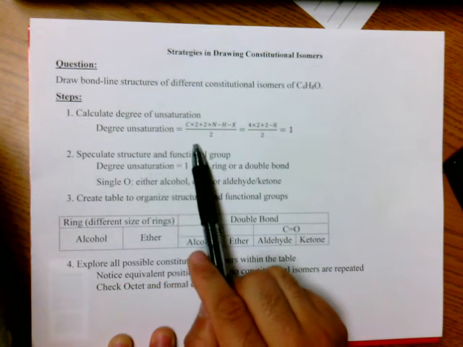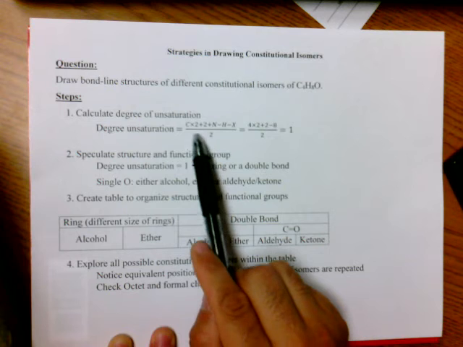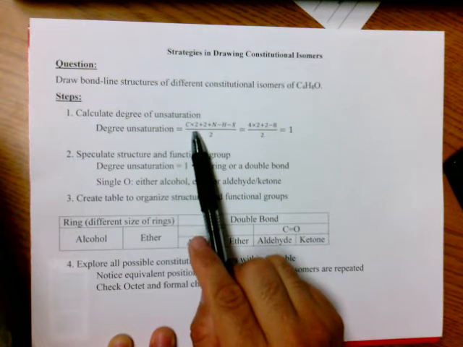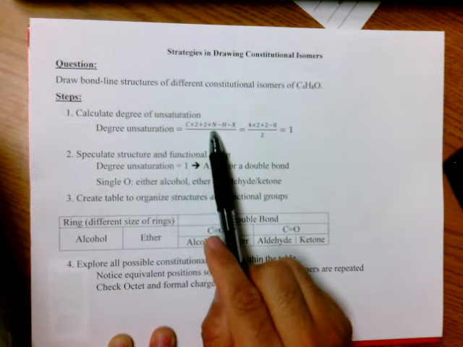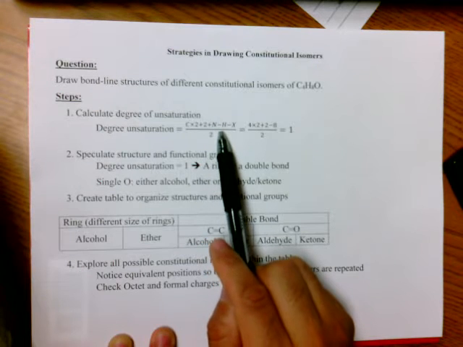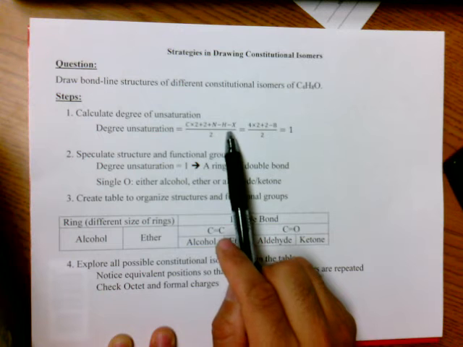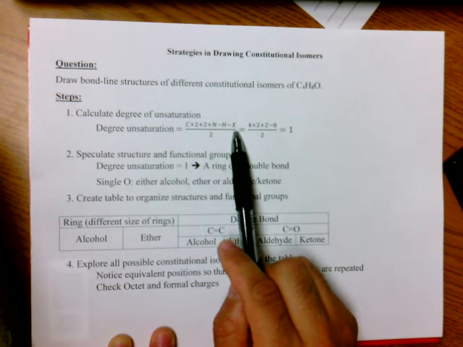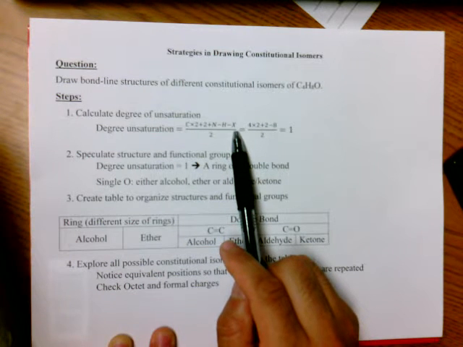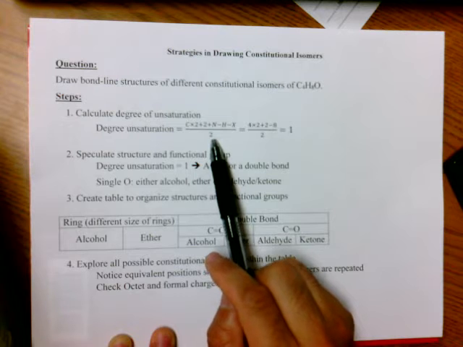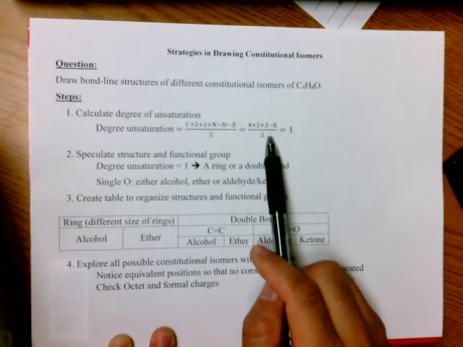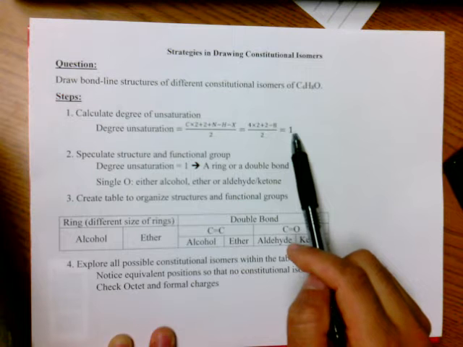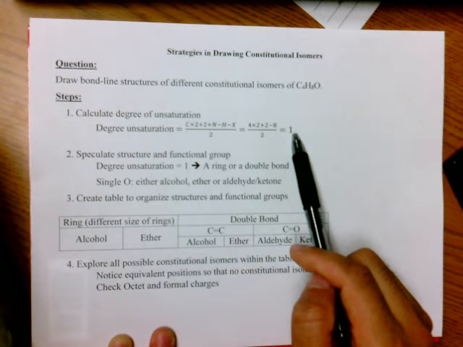And we do have a formula: we use the number of carbons times 2 plus 2, plus the number of nitrogens, which we do not have in this molecule, minus the number of hydrogens, minus the number of halogen atoms, which we do not have either, and then divided by 2. If we plug the necessary numbers in, we will get the degree of unsaturation to be 1.